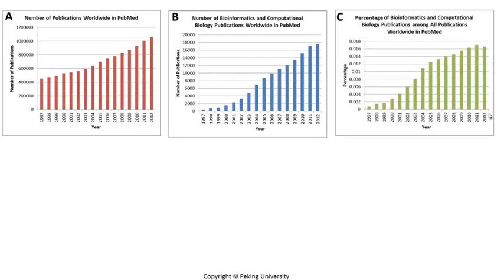If we calculate the percentage of bioinformatics publications among PubMed publications each year, you will see that the percentage has been increasing over the years from 0.1% in 1997 to 1.6% in 2012. This trend reflected the continued rapid growth of the field of bioinformatics.